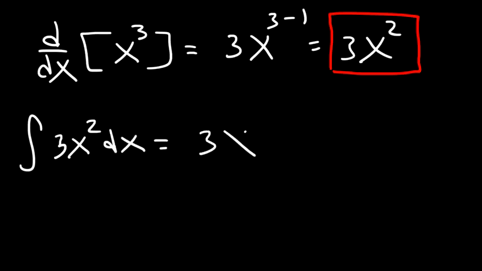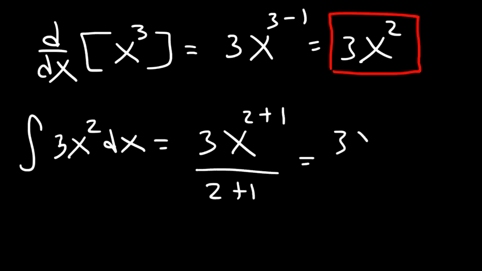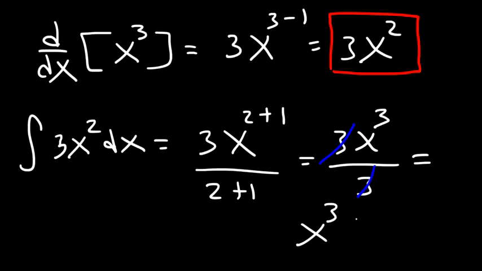What we need to do in this case is add 1 to the exponent and then divide by that new exponent. 2 plus 1 is 3, and 3 divided by 3 is 1. And so this gives us our original answer, which is x cubed. But we need to add the constant of integration.